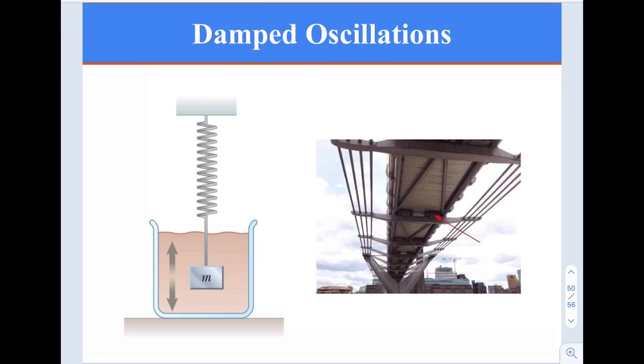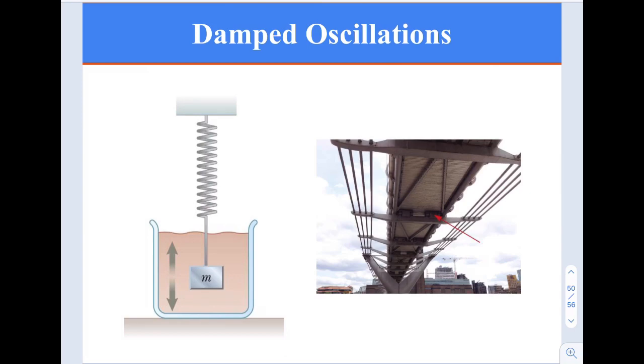Next one will be damped oscillation. Whereby, in what we've learned previously, all the systems, whether torsional, physical, simple pendulum, or the mass spring system, are ideal cases.